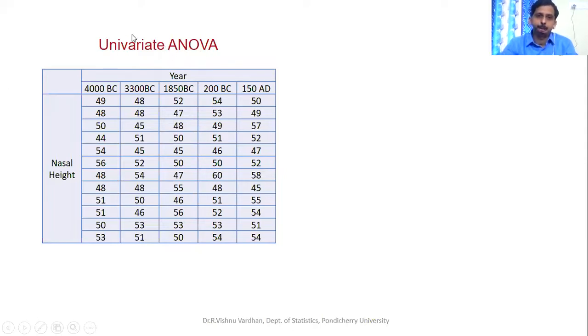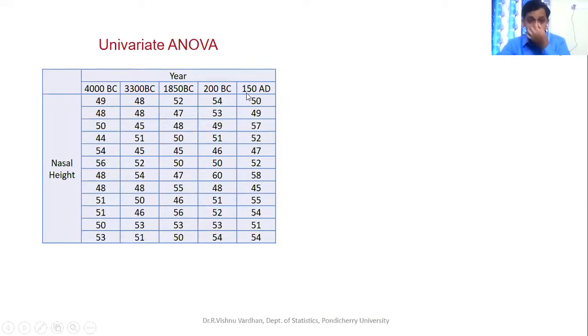Now I have added a prefix to the Anova, univariate Anova, because over these different time periods, nasal height alone is measured. A single variable is under consideration across different years of time. Only one variable, that is univariate, but that same variable is compared across the different years.